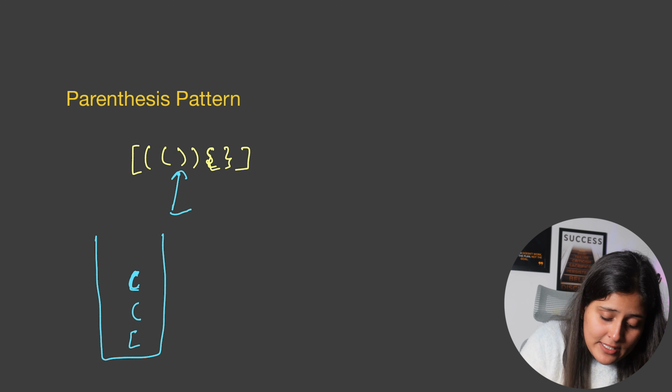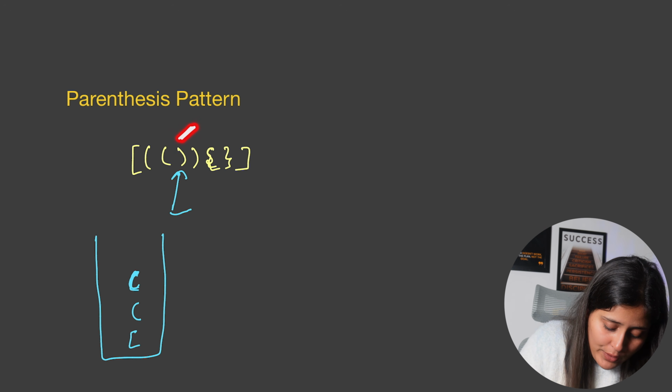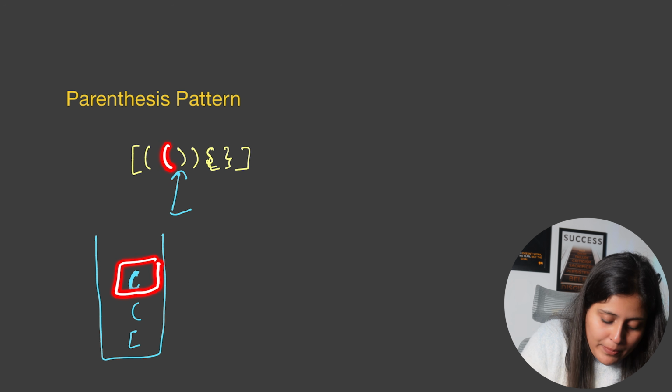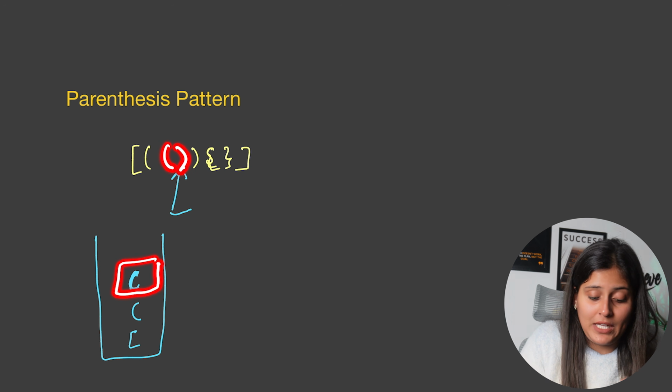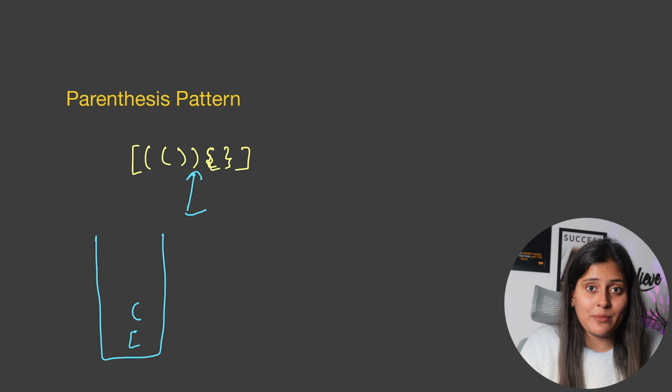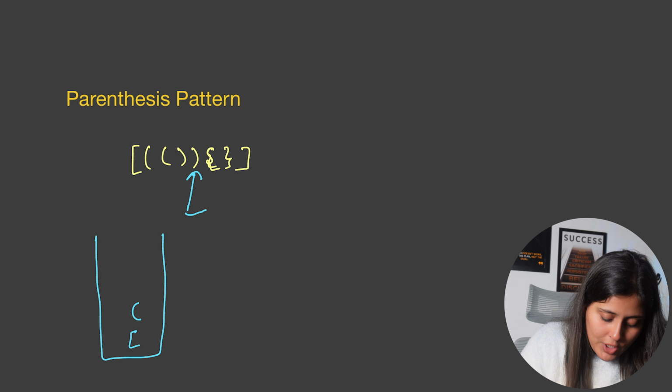You have to check this closing bracket matching with the stack top element only, because those should be consecutively present. If that is true, you will simply pop this out and you will go to the next bracket, which is again a small closing bracket. Again you will match with the stack top element, and this matches. So again you will pop this out.